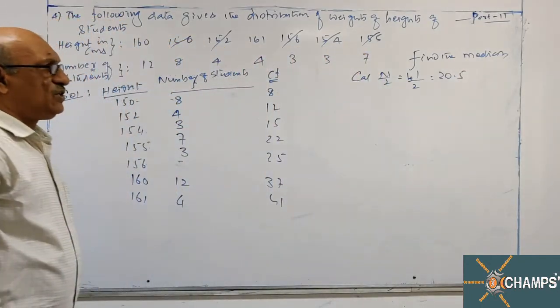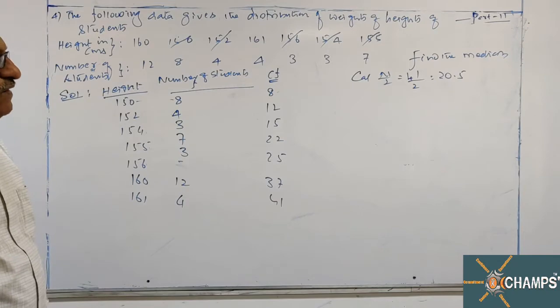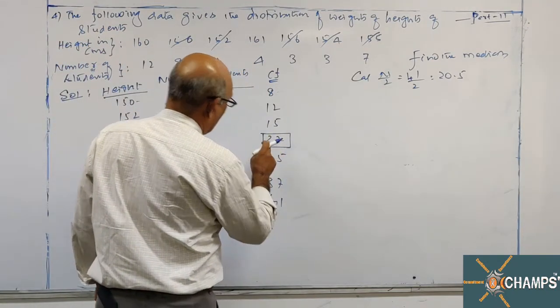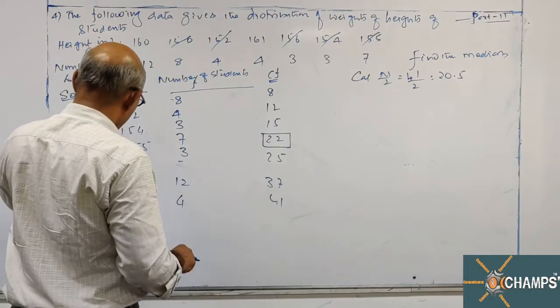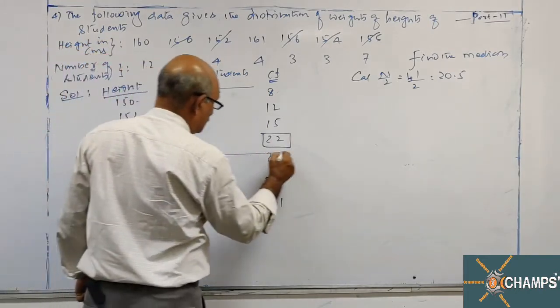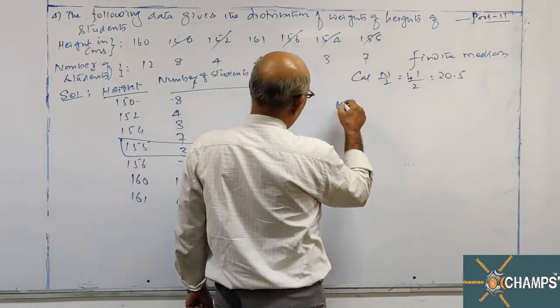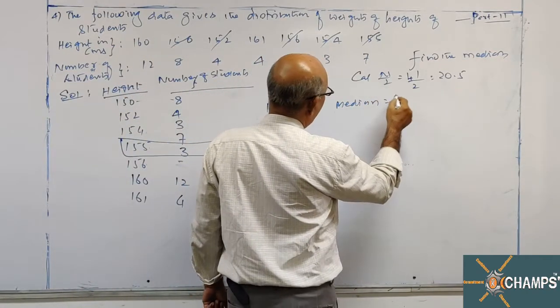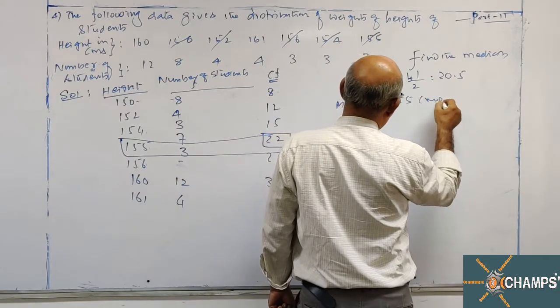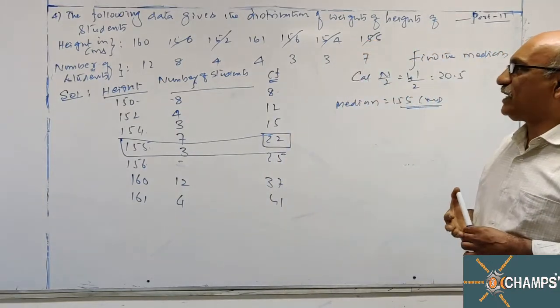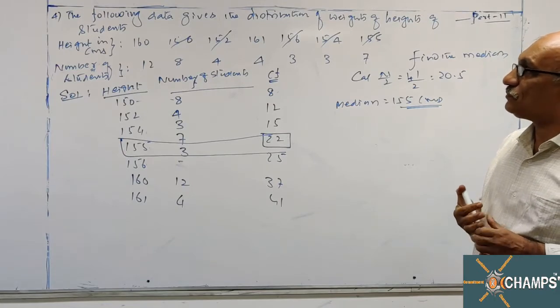See a value which is just greater than 20.5 in cumulative frequency column. So 22 is the value. So median is equal to 155 centimeters. This way you have to calculate median for a given set of observations.